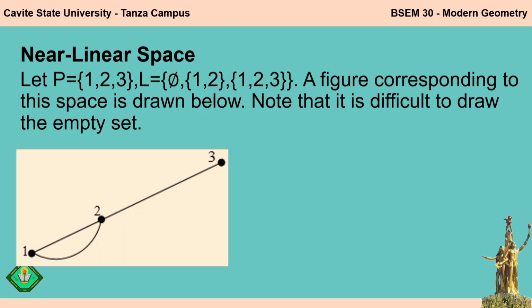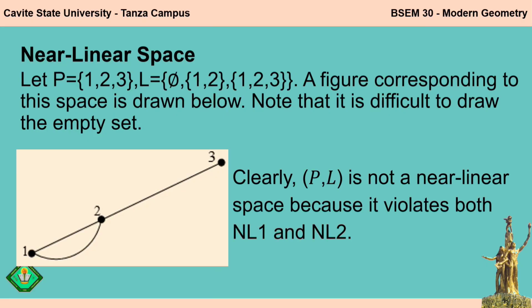So 1, 2 is connected by the curved line, and 1, 2, 3 are connected by the straight line. Note that it is difficult to draw the empty set because it's empty. It must not appear. Clearly, this is not a near linear space because it violates both NL1 and NL2.